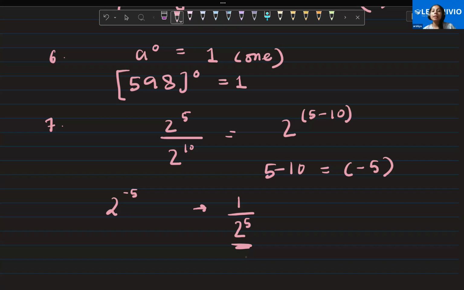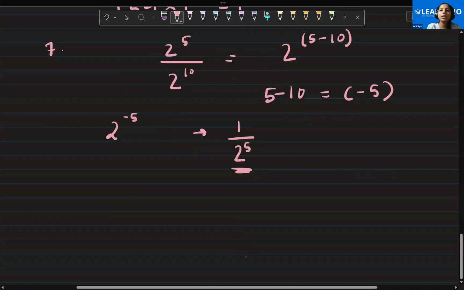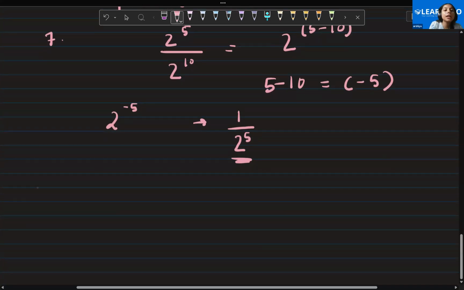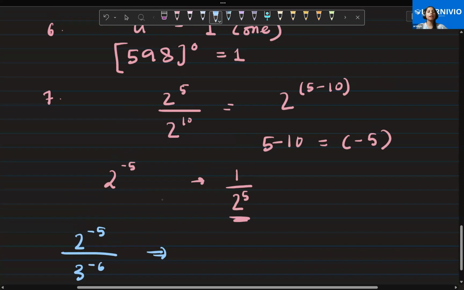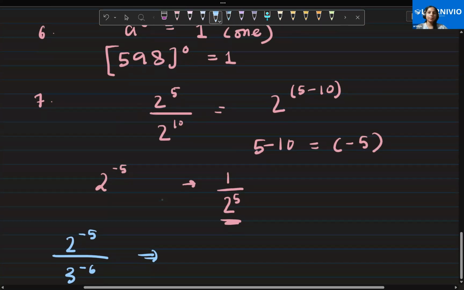Unless there's a question that's given to you, let's say where they say simplify. So if the question is 2 raised to the power of -5 upon 3 raised to the power of -6. First write it down. Done, ma'am.